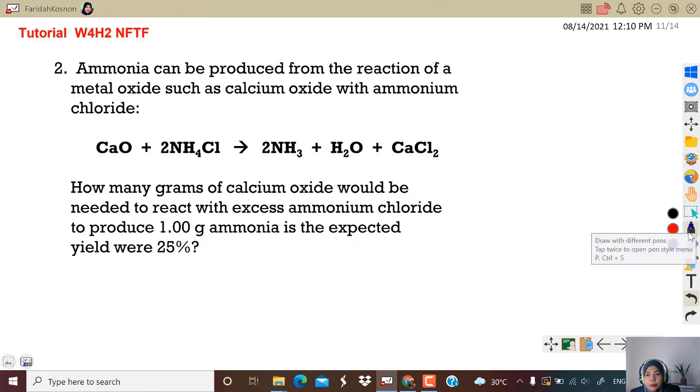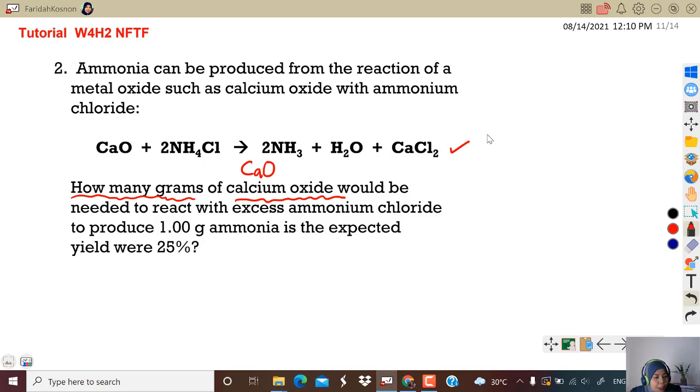Alright. Ammonia can be produced from the reaction of a metal oxide such as calcium oxide with ammonium. Given to you the chemical equation. The question is how many grams of calcium oxide, the chemical formula is CaO, would be needed to react with excess ammonium chloride to produce 1.00 gram ammonia if the expected yield were 25%.